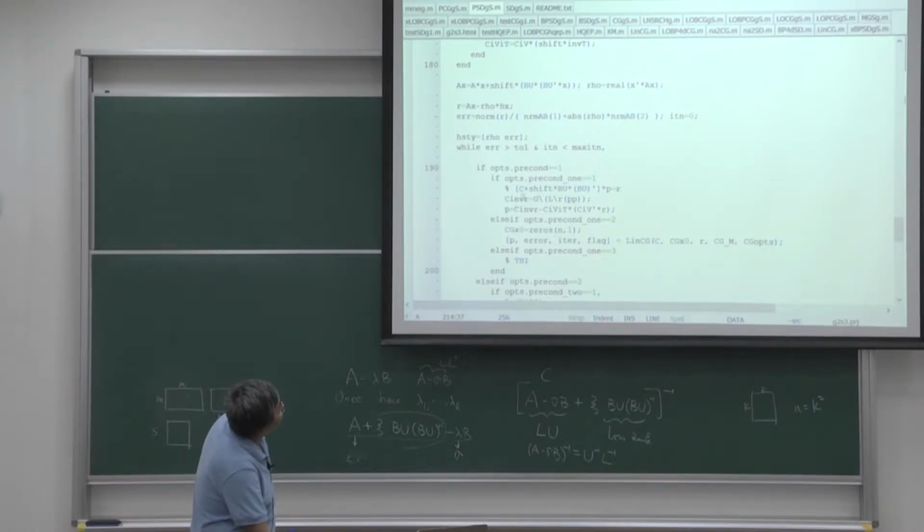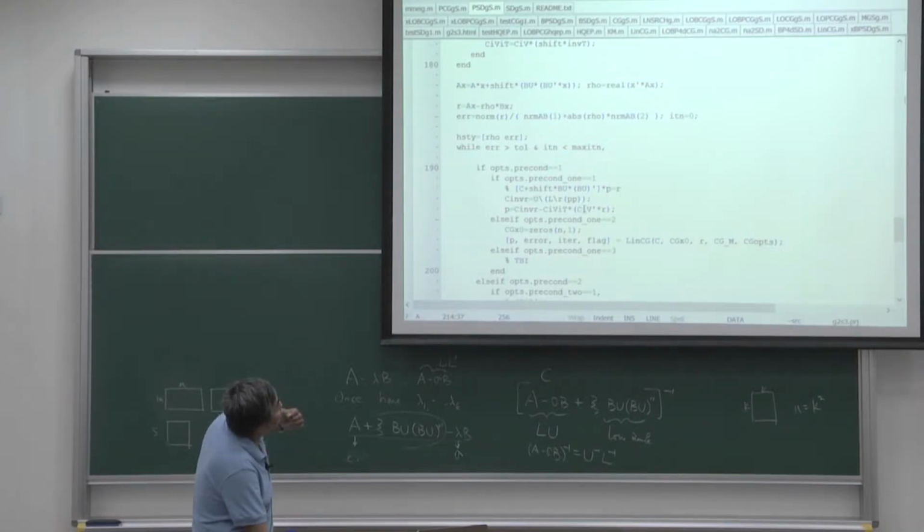Inside you need to solve a linear system of the residual on the right, that's the preconditioner, using the Sherman formula stated before. We need to compute C inverse R, then you have the update.